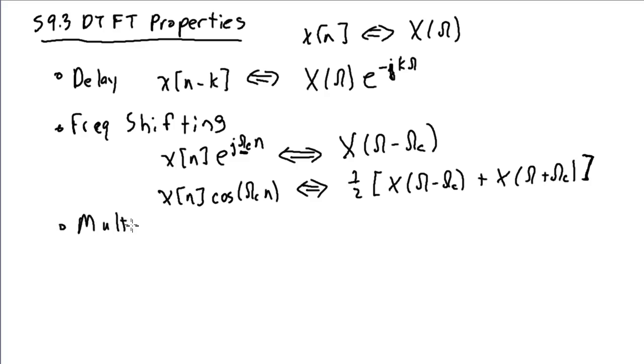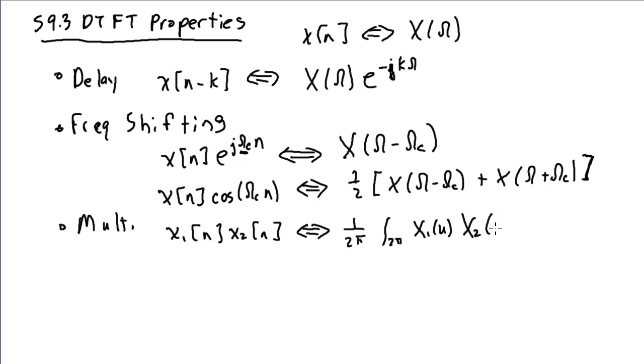The multiplication property: if we have two sequences, x1 of n times x2 of n, then the corresponding transform is 1 over 2 pi, the integral over any 2 pi interval of the transform of x1 and then x2 of omega minus u.